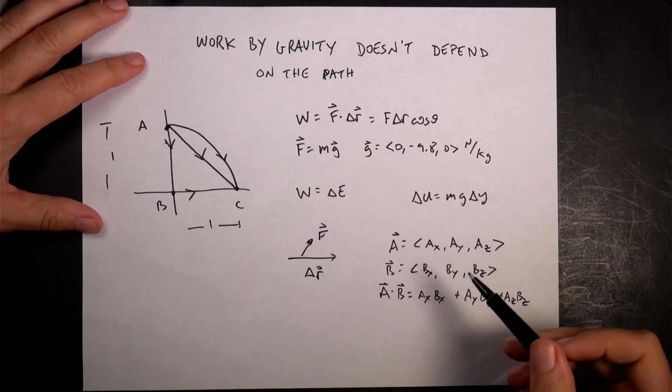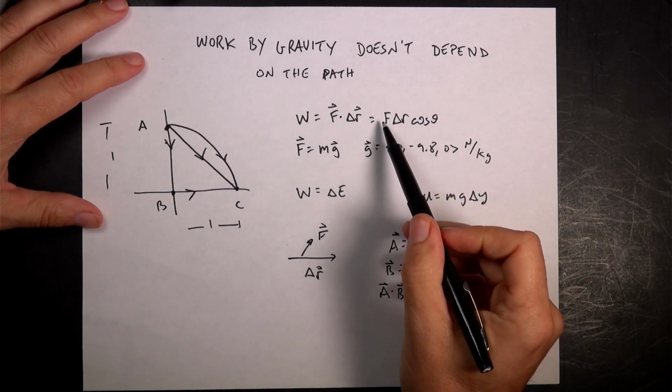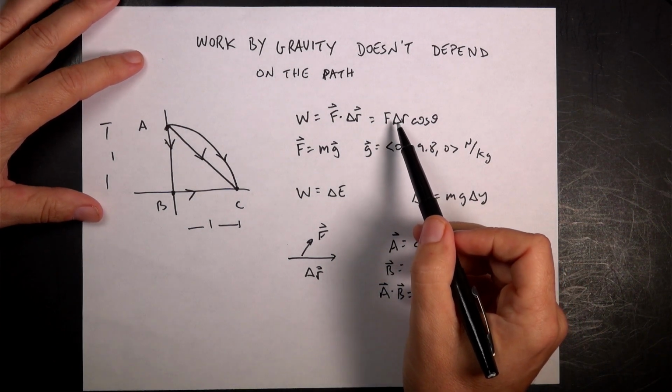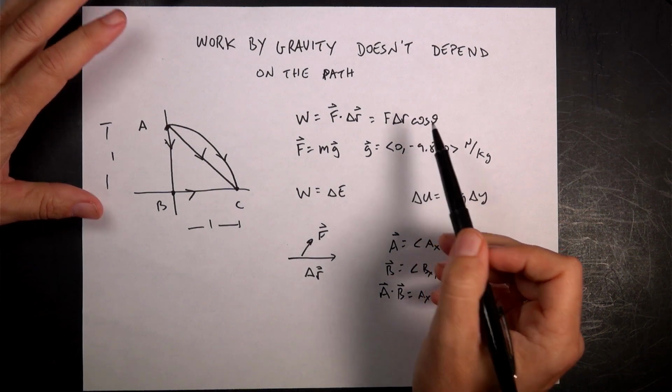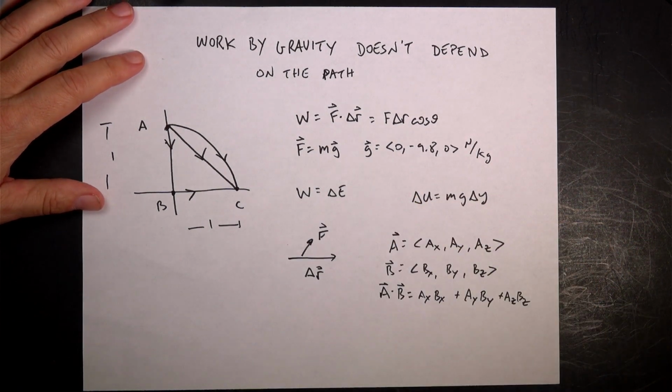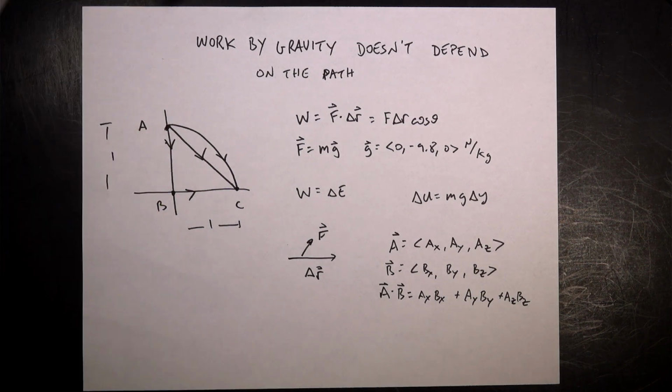Now, another way to find the dot product is take the magnitude of F, the magnitude of the displacement vector, times the cosine of theta, where theta is the angle between them. Okay, so we can do it both ways. We'll just do whatever's useful. I like the dot product way just because I like dot products.